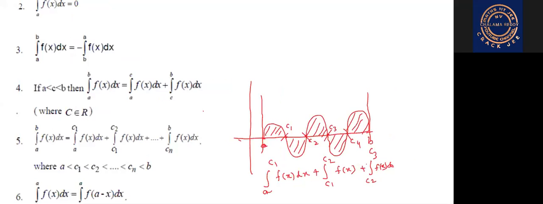So we can write integration a to c1 f of x dx plus integration c1 to c2 f of x dx plus integration c2 to c3 f of x dx plus integration c3 to c4 f of x dx, plus finally we can write integration c4 to b f of x dx.